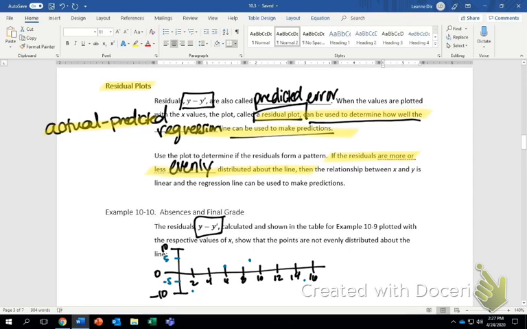Then 12 absences would give me a difference of negative 1, so that'll be close to that 0 line. 5 absences would give me a difference of positive 5, so that's above. And then 8 absences would give me a positive 4. So I have this picture.